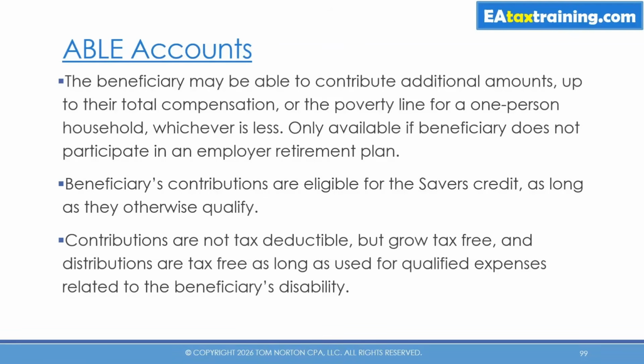This is only available if the beneficiary does not participate in an employer retirement plan. So if that beneficiary is able to work, they can take part or all of their compensation and contribute it to their ABLE account. It's just that the maximum they can contribute is going to be the poverty line for a one-person household. The beneficiary's contributions to this ABLE account are eligible for the Savers credit as long as they otherwise qualify.